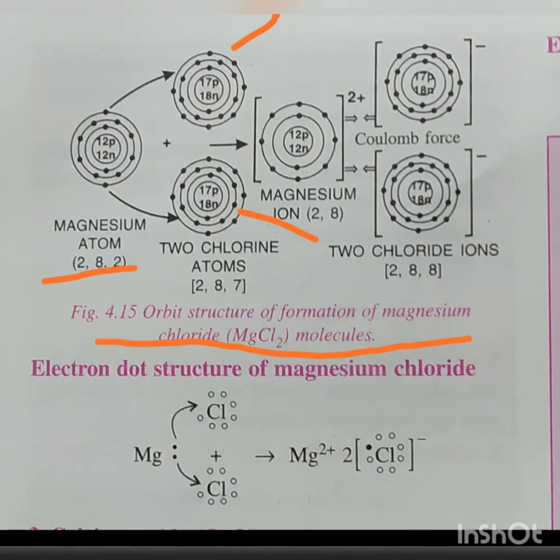The electron dot structure for the formation of magnesium chloride is Mg with its 2 outermost electrons, chlorine atoms with the outermost 7 electrons, forming Mg2+ and 2 chloride ions.